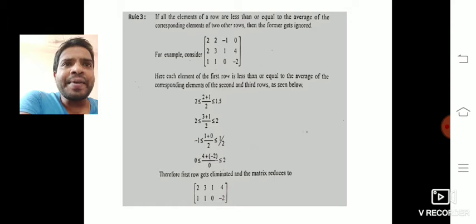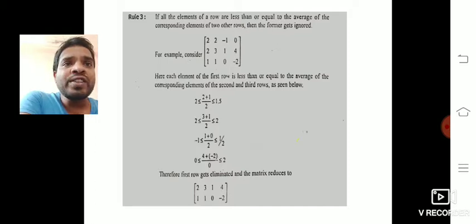These elements are less than or equal to the average of the corresponding elements of the two other rows. Here the A1 row elements are less than or equal to the average of the other two rows, A2 and A3.